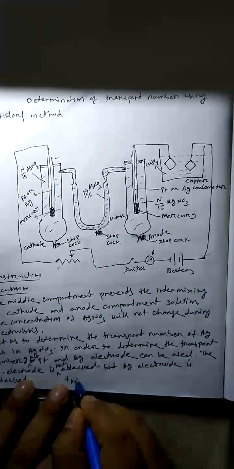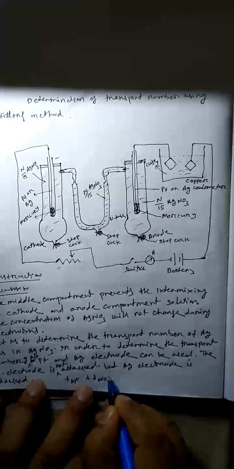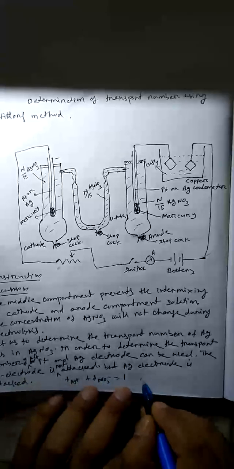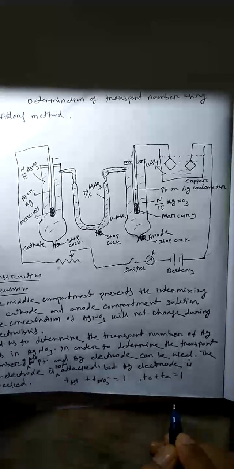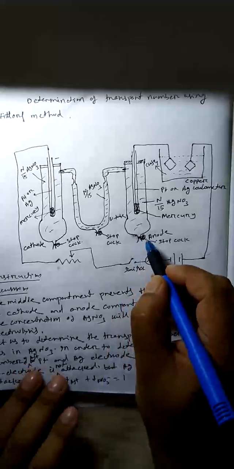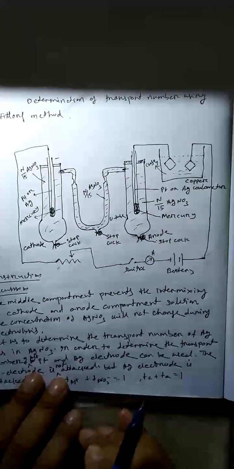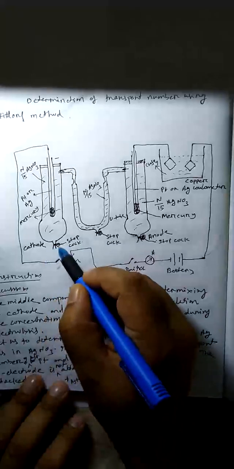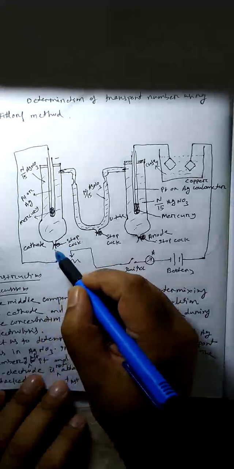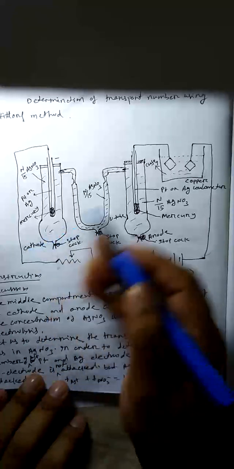the transport number of silver ion plus the transport number of nitrate ion should be equal to 1. That means the transport number of cation plus the transport number of anion is equal to 1. If you find the anion, then you can automatically find the transport number of cation. So there is no need to open the other compartment again, remove the solution and determine the concentration by titration.